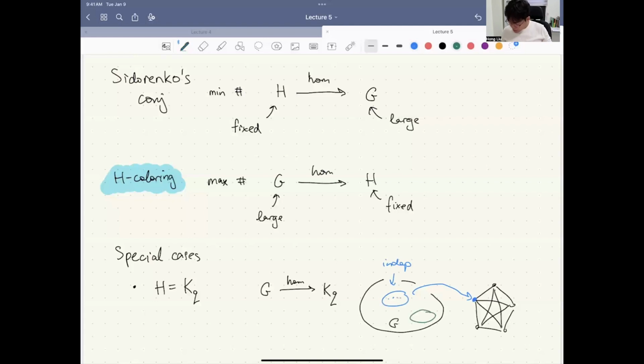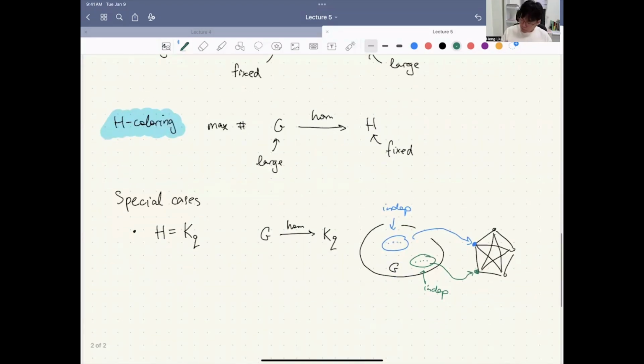This is precisely a q-coloring by independent sets. So every homomorphism from G to K_q corresponds to a proper q vertex coloring of the graph G.